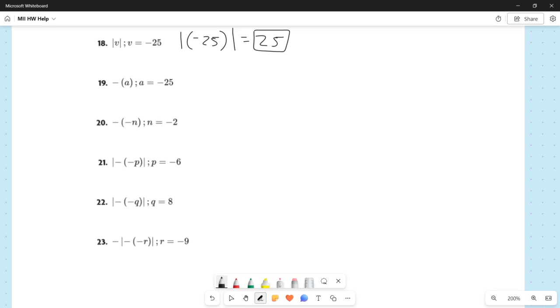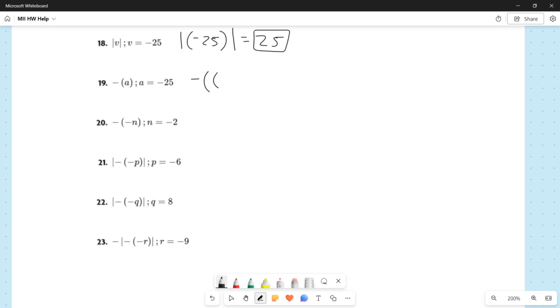So with 19, our expression starts with a negative. Then our expression includes parentheses. Now I've encountered the a. Because I'm plugging in for a, I would do a second set of parentheses. This is what I mean by it being a little redundant, but it's going to work out.